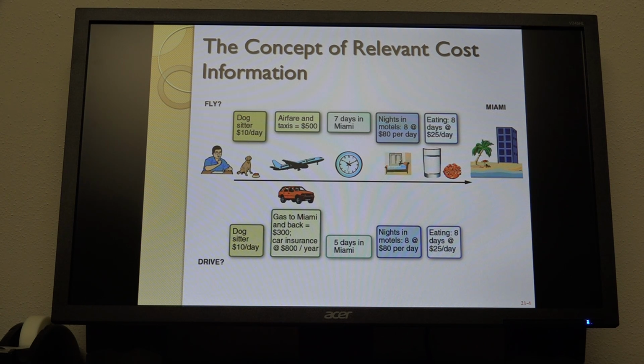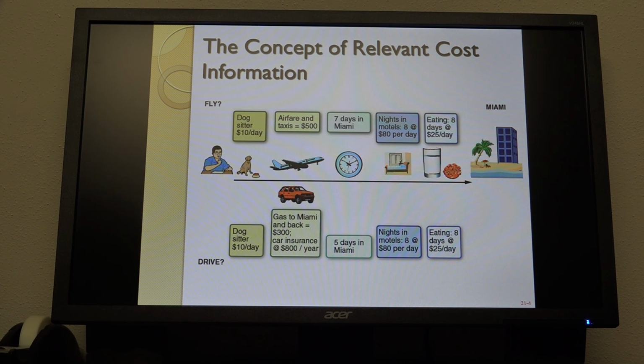Airfare and taxis versus gas and car insurance to Miami. What is relevant there? Well, let's talk about the car insurance. Car insurance is a cost that's going to have to be paid, or has been paid probably anyway. And so it's not relevant to this decision.